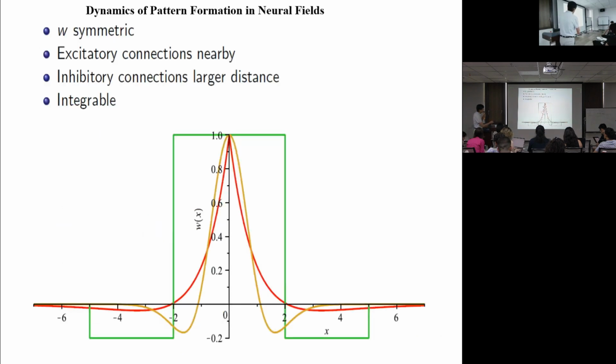And also Amari assumed that this coupling strength is this kind of Mexican hat function. For nearby neurons, we have this kind of excitatory interaction. When neurons are a little bit away from each other, we have inhibitory interactions, this kind of shape of synaptic coupling strength.